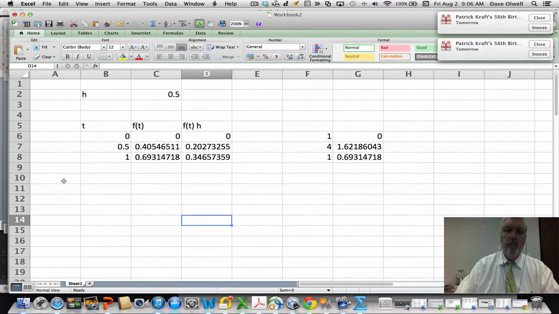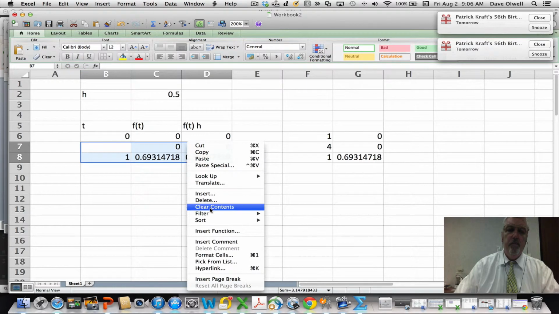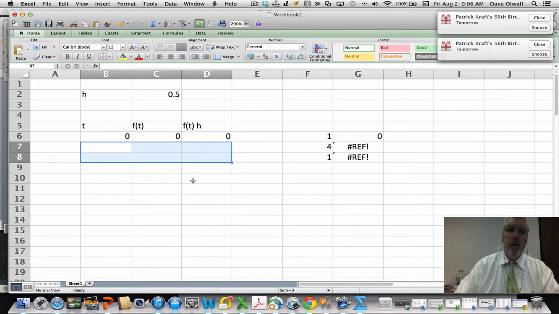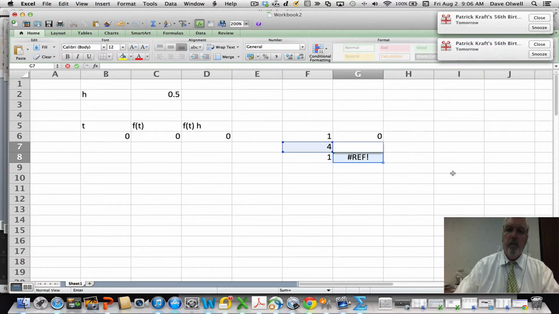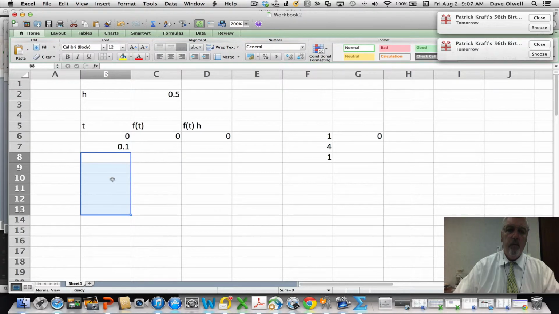So in particular, instead of going with something so simple, I can have a much finer partition. Let's do it into intervals of a tenth, 0.1.